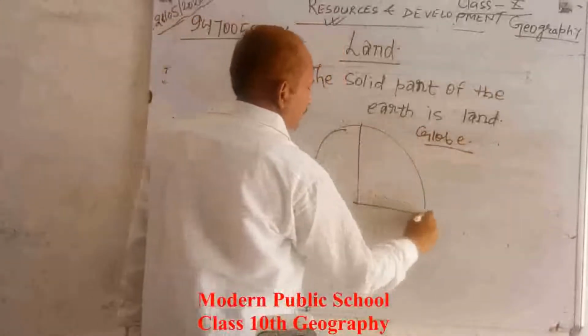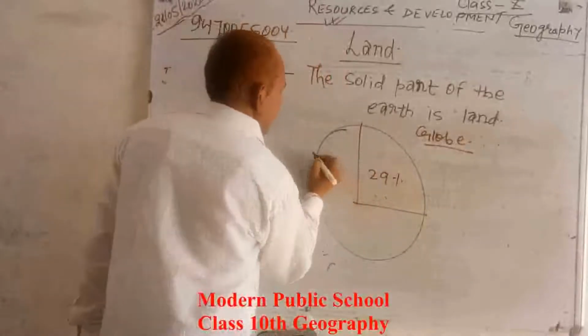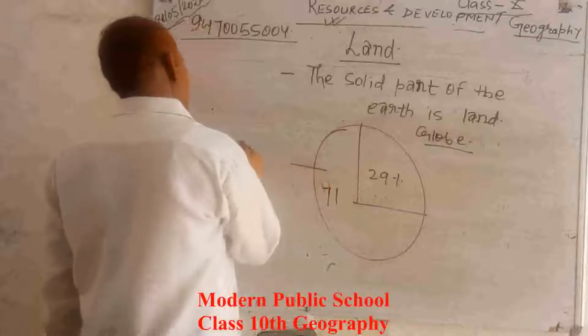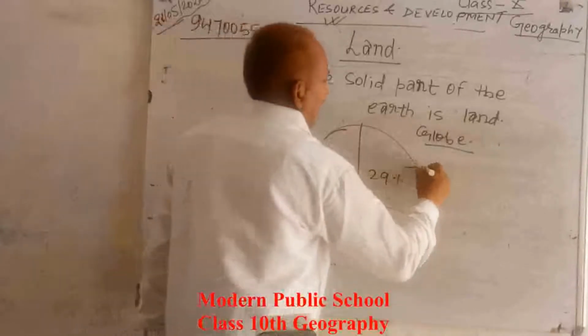Okay, 29% and 71%. It is water body, water and land.